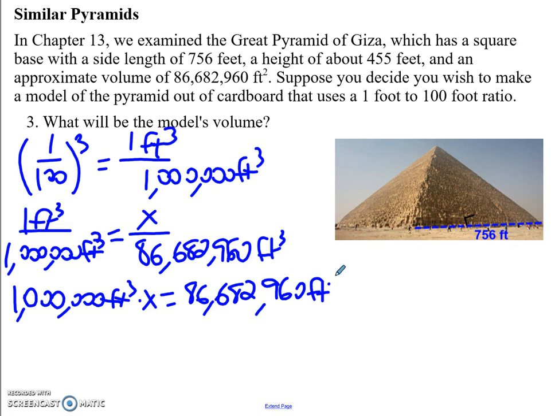Make it a little bit neater here. So that when I divide by the 1 million cubic feet, they'll cancel on this side.